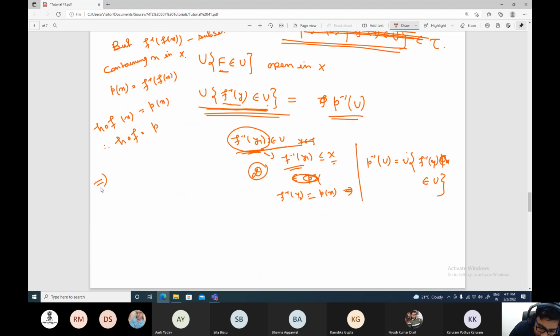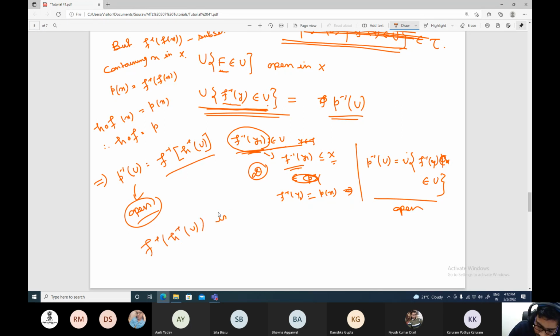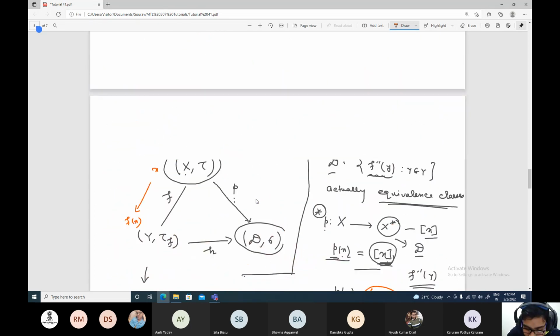Therefore, what you can say is that P inverse of U is actually F inverse of h inverse U, right? But this is open by this argument, and this is open implies this is open, meaning F inverse of h inverse U is open. But that was our claim, right?